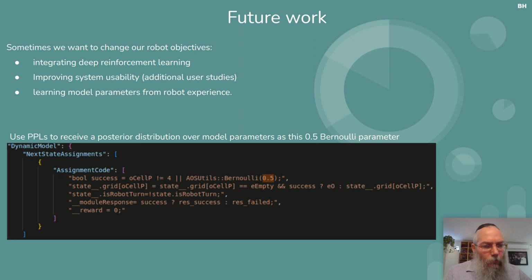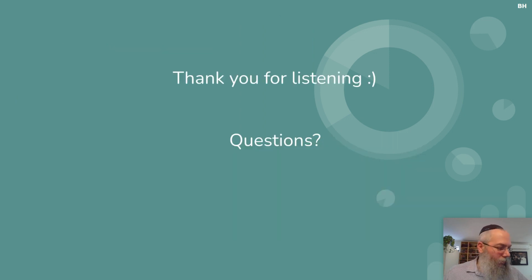So in this example, we had the 50% chance of succeeding. And maybe the engineers documented something, but maybe it's not accurate. So we want to learn a posterior over this parameter and to improve the model based on the experience gained by the robot. Thank you very much.